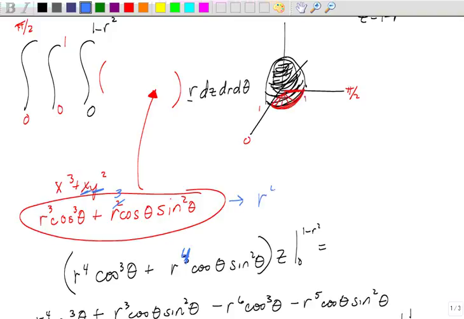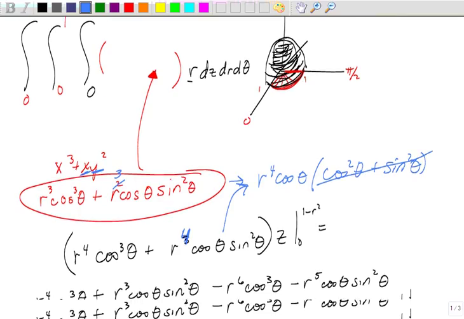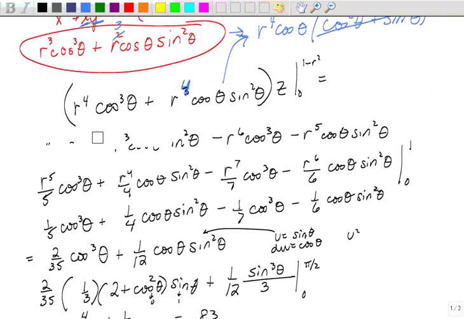Let's factor out r to the 4th cosine. I have cosine squared theta plus sine squared theta, which is 1. Okay, so when I go back and integrate, I don't need all this.